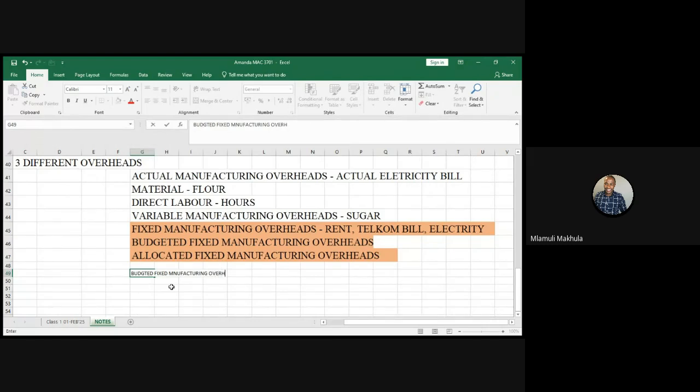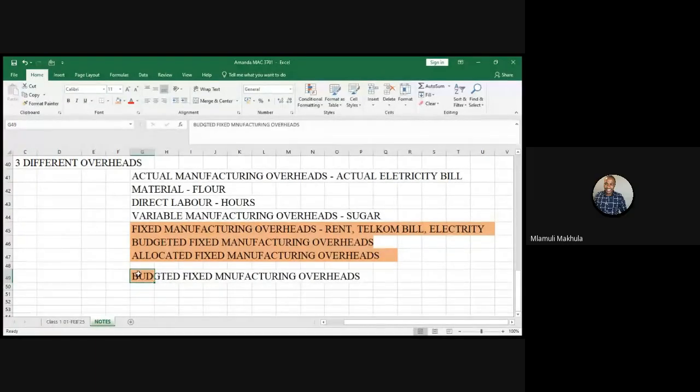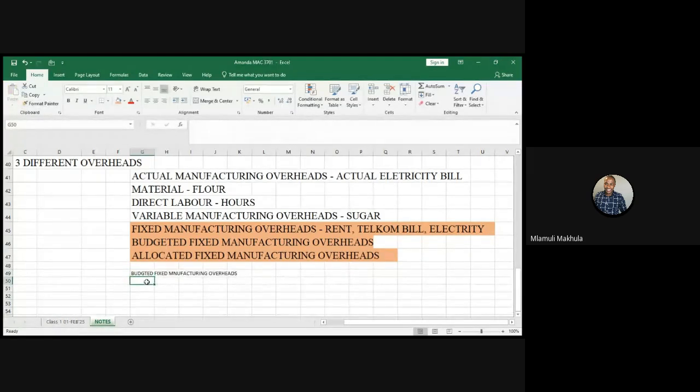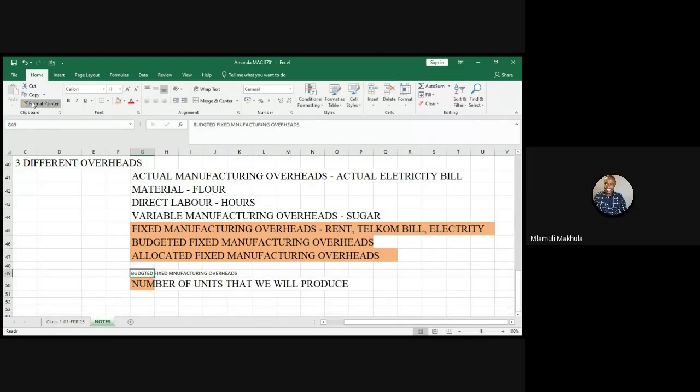We estimate the overheads that we'll spend, and then we also estimate the number of units that we will produce.